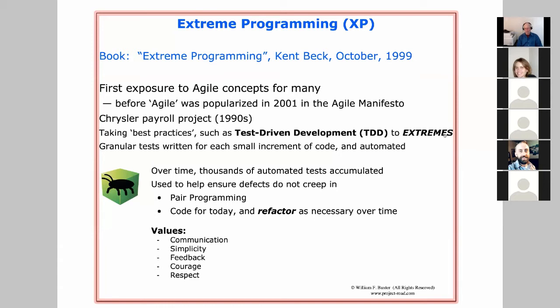And then this was taken to an extreme where the snippet of code was going to be just minuscule, and a test would be written for that minuscule bit of code, and then that code would be written and tested. So over time, as you develop hundreds and hundreds of snippets of code, you develop hundreds and hundreds of these automated tests.